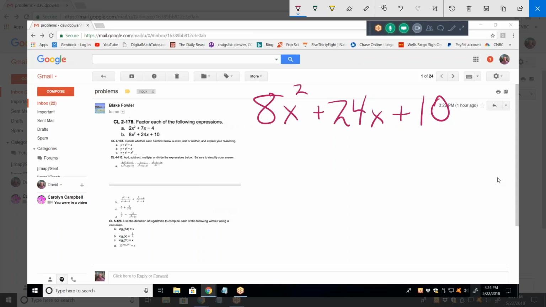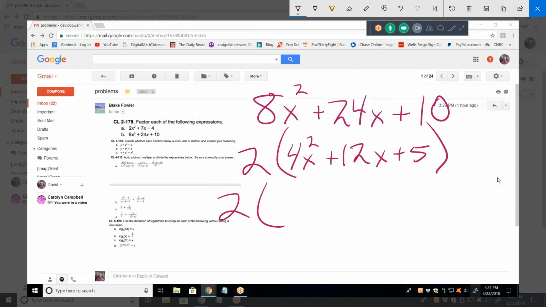So what can I do first? I'm looking at all even numbers here. What must I be able to do? Factor out a 2. And that helps a lot because then it starts reducing these things. These quadratics become much easier the smaller numbers you're working with. Now notice that there's only one way to factor the number 5. So let's try it.